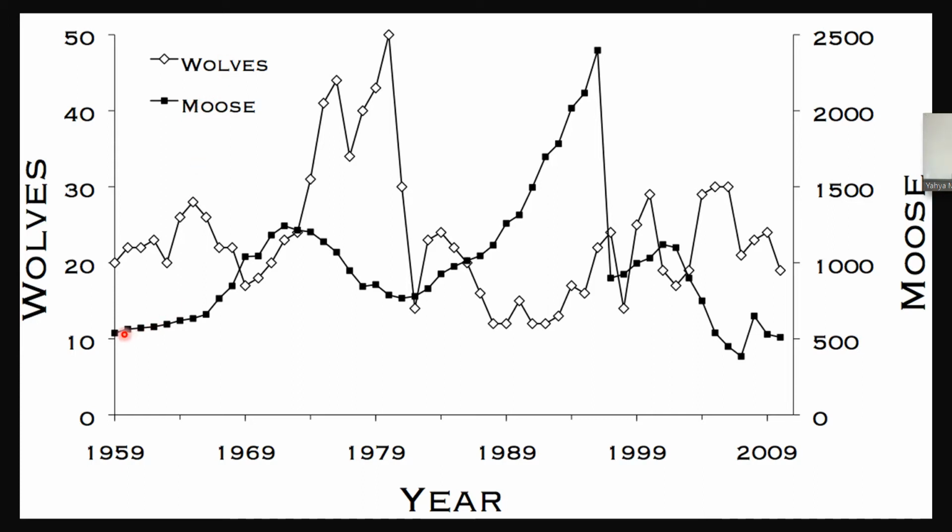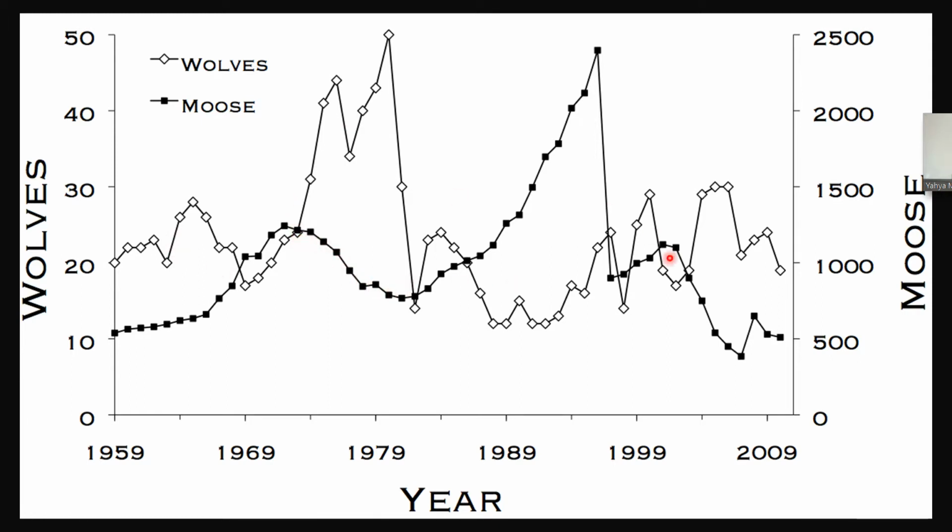For example, when the population of moose starts to rise, you notice here the population of wolves, after the moose population starts to rise, starts to rise as well in response, because now the wolves have more food. But when the wolf population gets too high, when it starts to increase and increase, then the moose population starts to go back down.